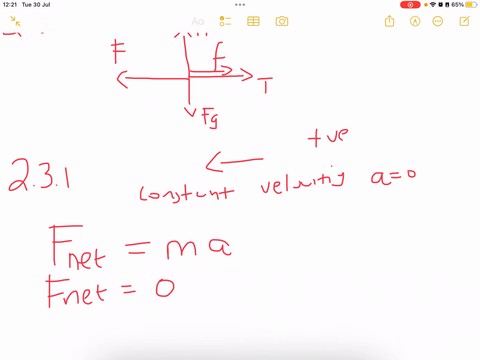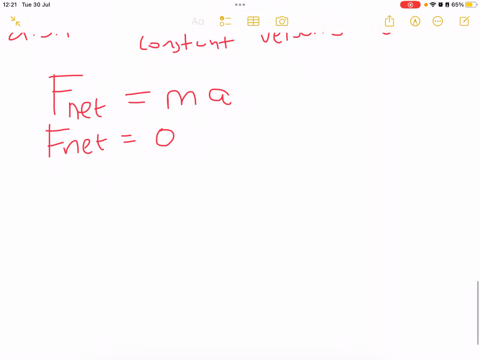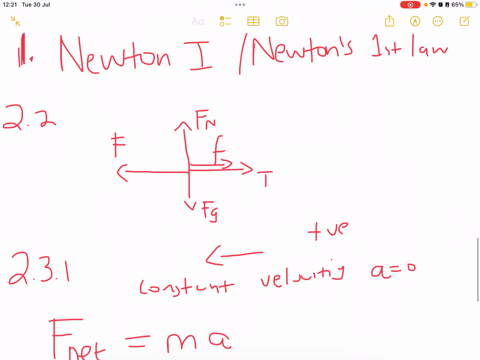And the total forces as drawn in the free body diagram that are going to the left and to the right is: one, that is F that goes to the left, and the friction going to the right, and the tension going to the right.